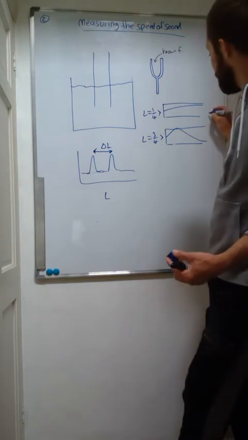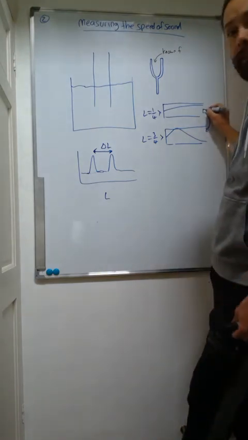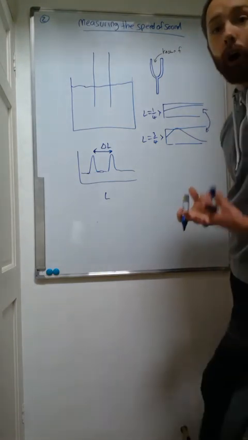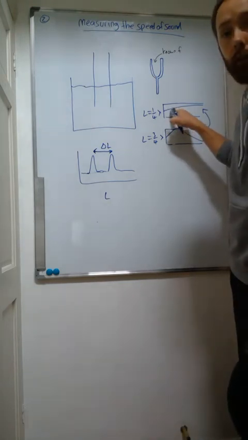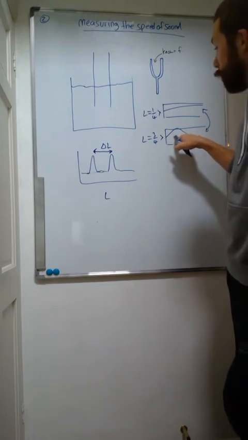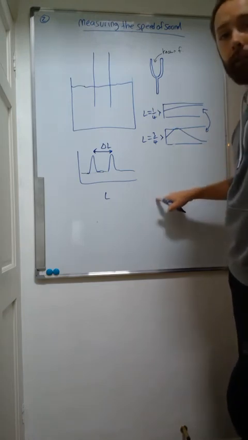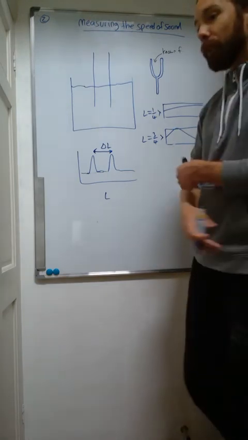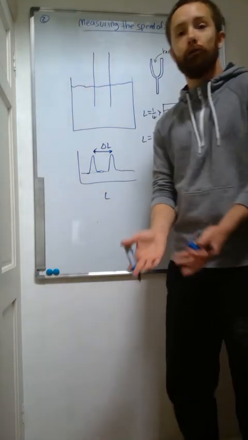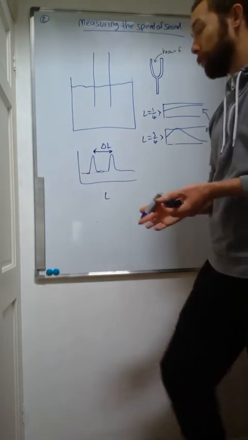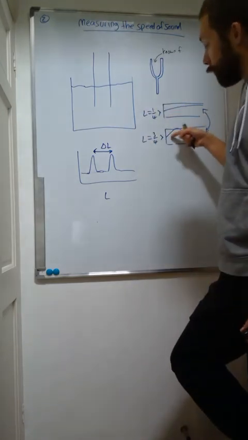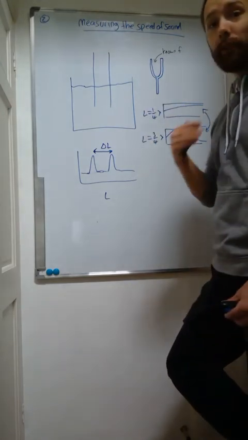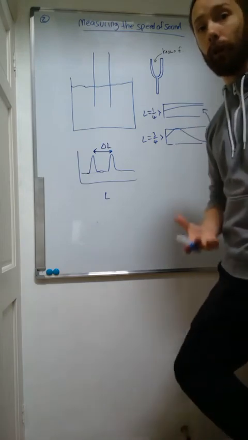We know that the difference between these is half a wavelength. And it doesn't matter whether I had the fundamental and third, or the third and the fifth, or the seventh and the ninth, or the 101st and 103rd. What I do know is that the difference between two consecutive harmonics is always equal to half a wavelength.